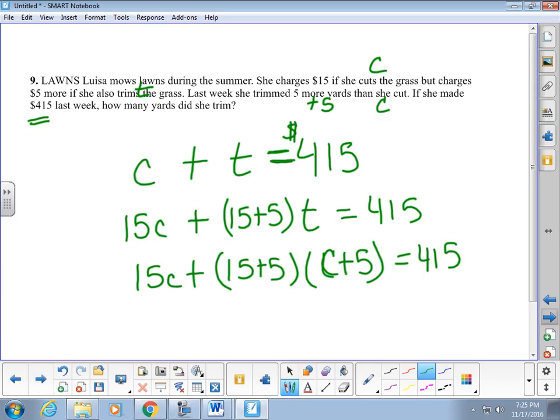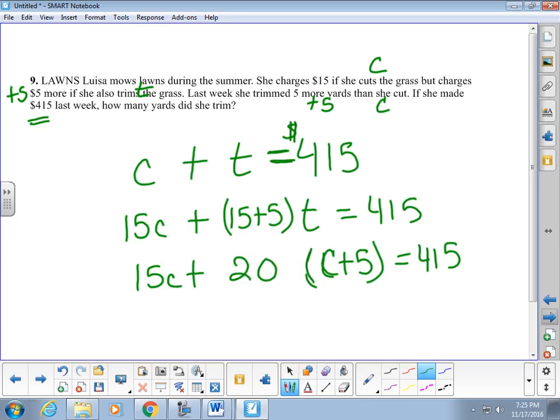Okay? Now, for this cut, I know she charges $15 a cut. And for the trim, she charges $5 more. So this is a plus 5. All right? Right there. So now I got 15 plus 5. 15 plus 5 is 20. So right here, I'm just going to change this to a 20.